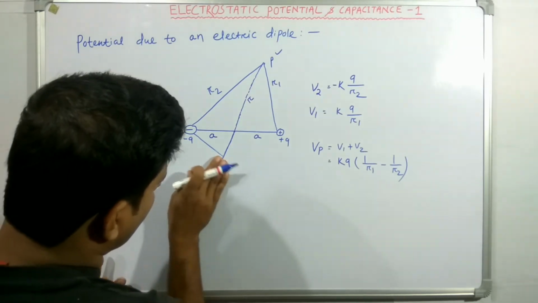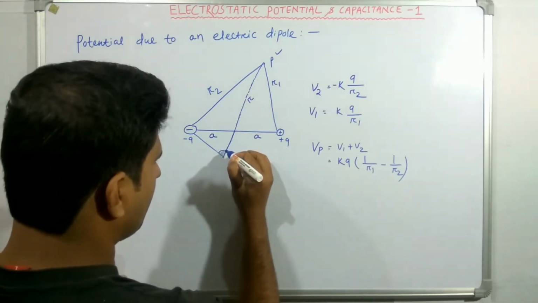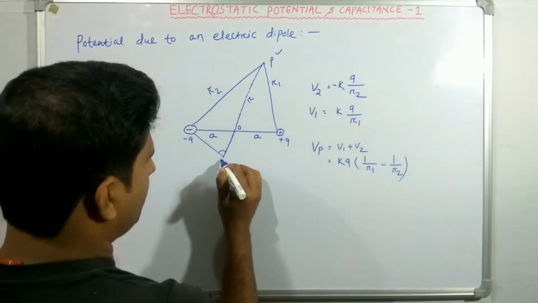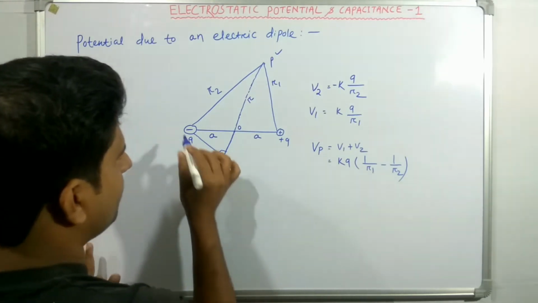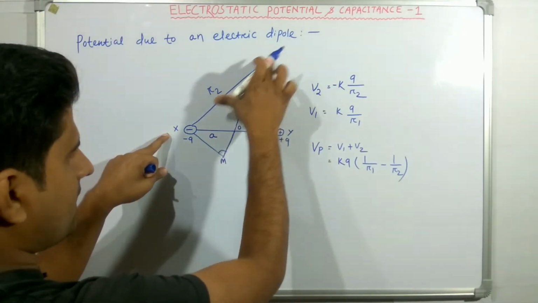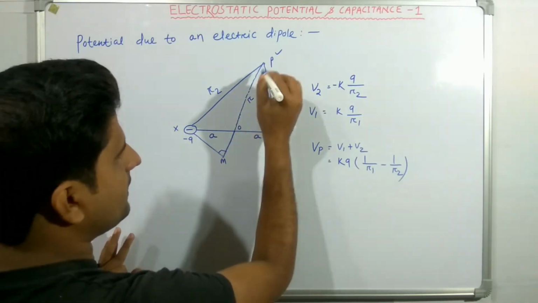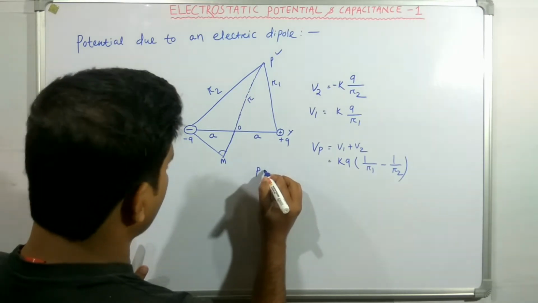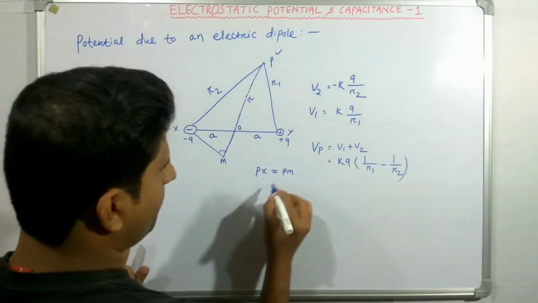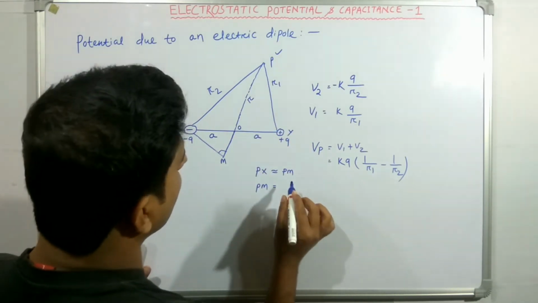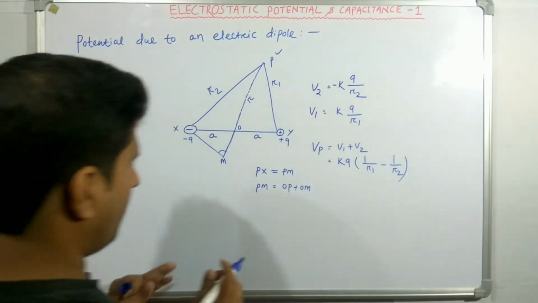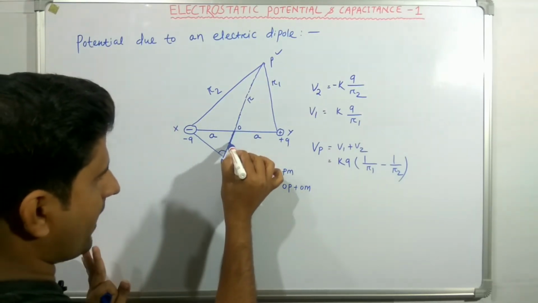Suppose this is the perpendicular, this is O, this is M, and suppose X and Y. The distance PX is approximately equal to the distance PM, and PM equals OP plus OM.